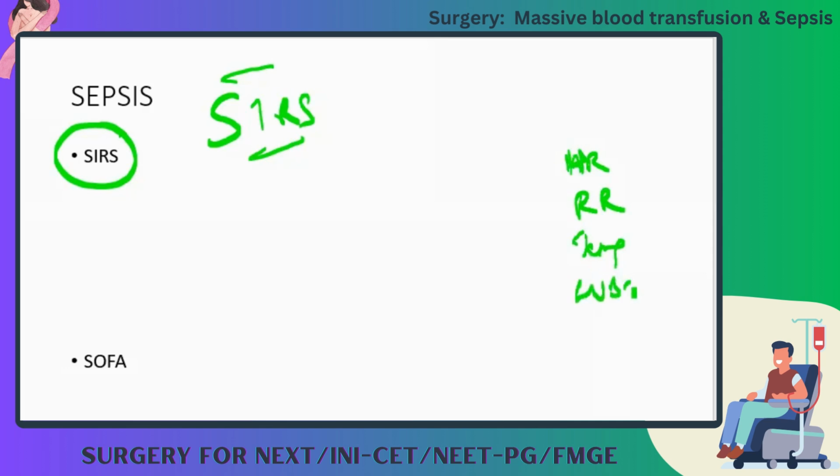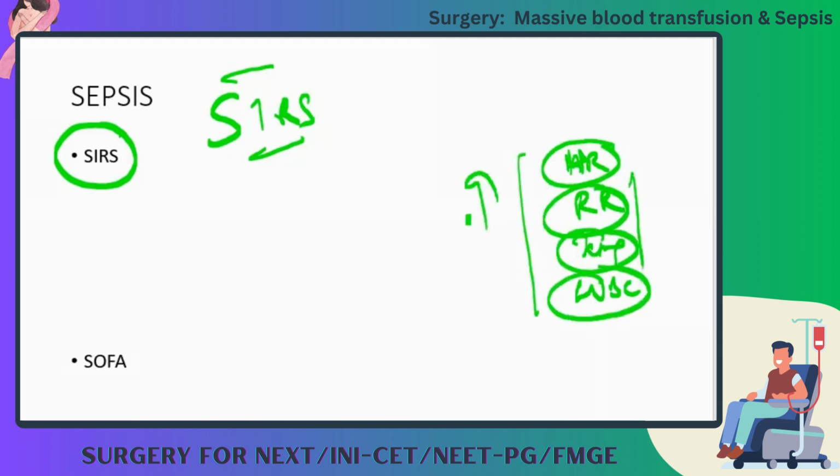See, there are 4 parameters: heart rate, respiratory rate, temperature, and WBC count. If any 2 of these 4 are increased, then we will say that the patient is having SIRS, systemic inflammatory response syndrome. These patients will ultimately develop sepsis.